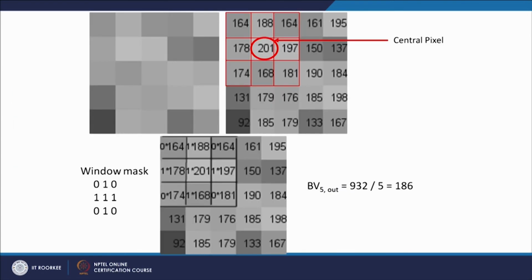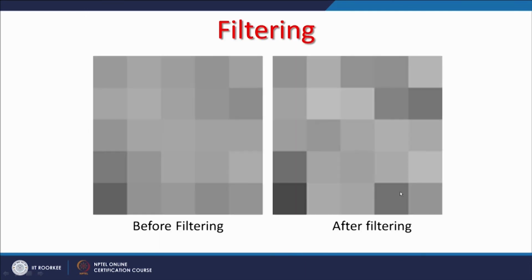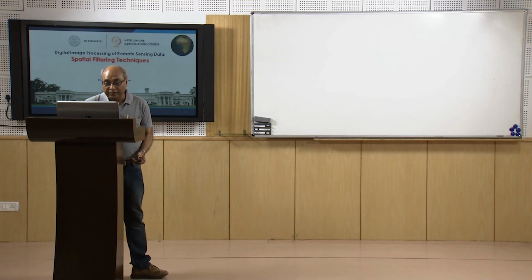The central pixel becomes very important. Here the central pixel value is shown as 201, and after the calculations it might be 186. This was the situation before filtering, and after filtering in the case of a high pass filter, this is how the local variations would be highlighted.